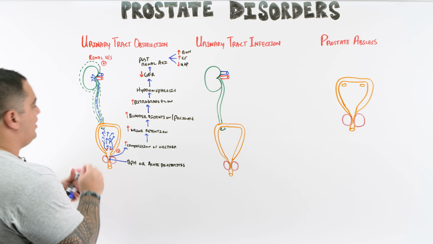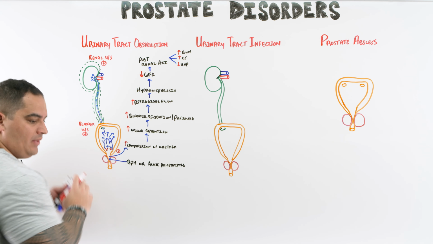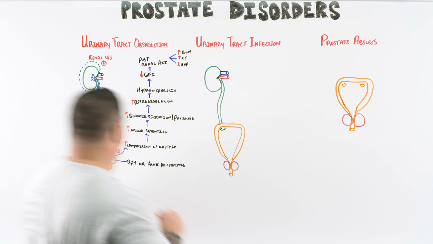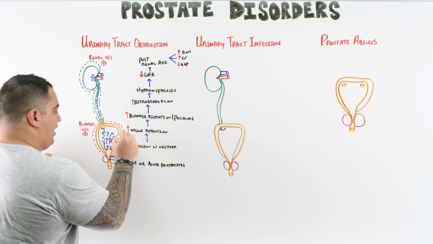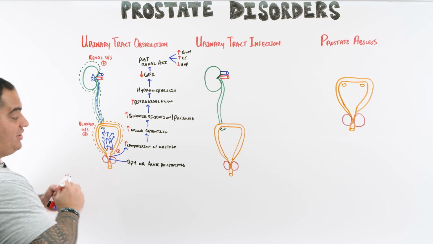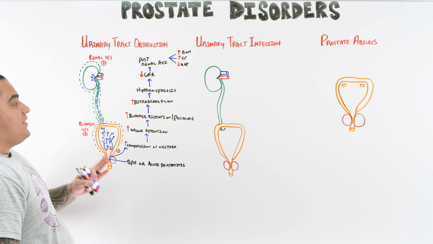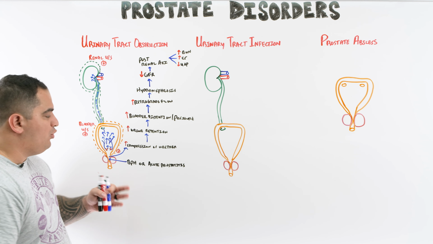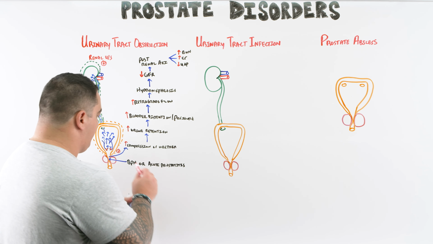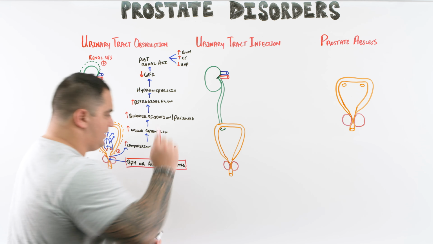And if you did do a bladder ultrasound, you would see also distension of the bladder as well, due to a bladder outlet obstruction, such as in BPH or acute prostatitis. Okay, that gives us the concept here that I would really want you guys to know for urinary tract obstruction. Again, you'd really only see this one with BPH or acute prostatitis.